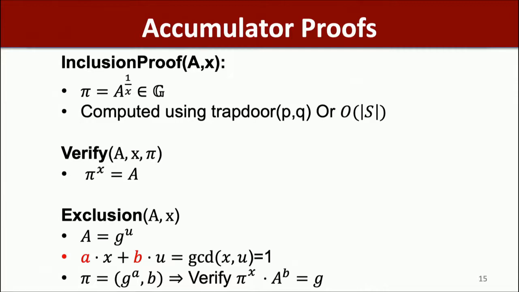But if you think about it, this is why we map everything to a prime. If x is not in the set u, so if x does not divide u, then they have to be co-prime because they're distinct primes, and u is a product of other primes. So this is how I can do an exclusion proof, and you can also update these proofs very efficiently without knowing what is in the set.